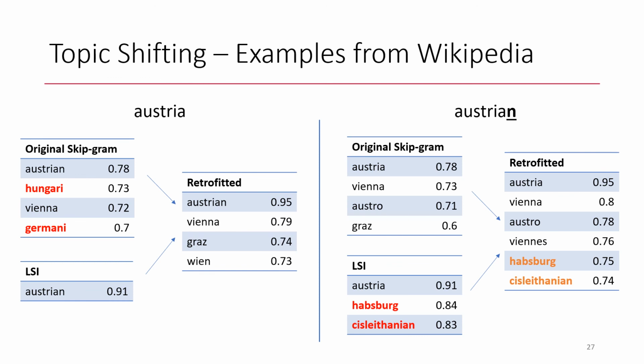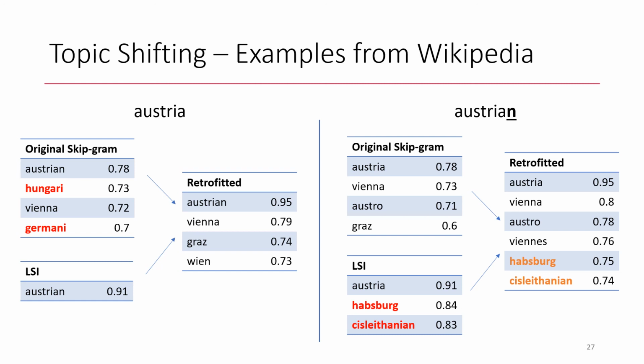And to showcase that, we utilized a word2vec skipgram embedding combined with an embedding from latent semantic indexing, or short LSI. And you can see that in the original skipgram embedding for Austria, you have words that don't belong there. But if you retrofit it with the word Austria from LSI, you get a clean output.